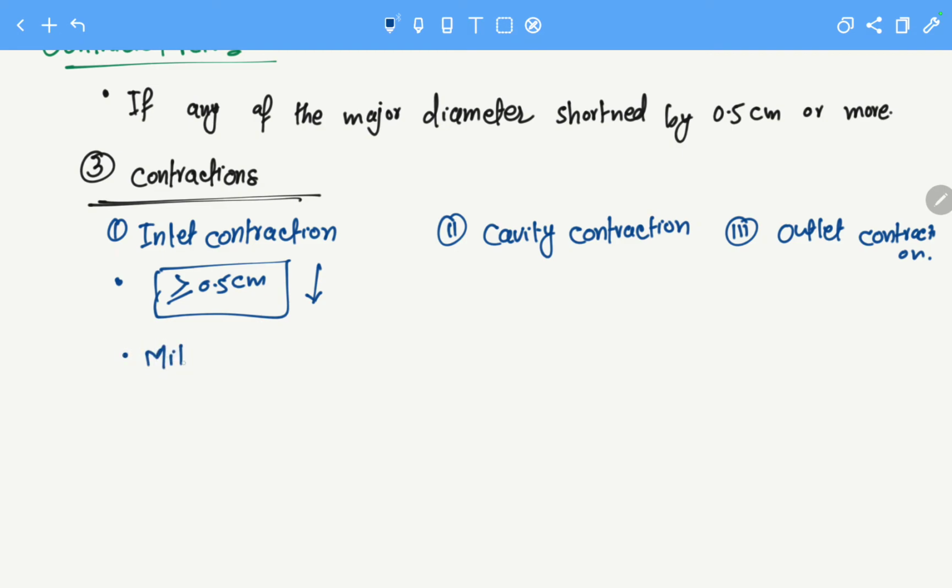This can be mild, moderate and severe. Inlet contraction can be mild, moderate and severe, right?